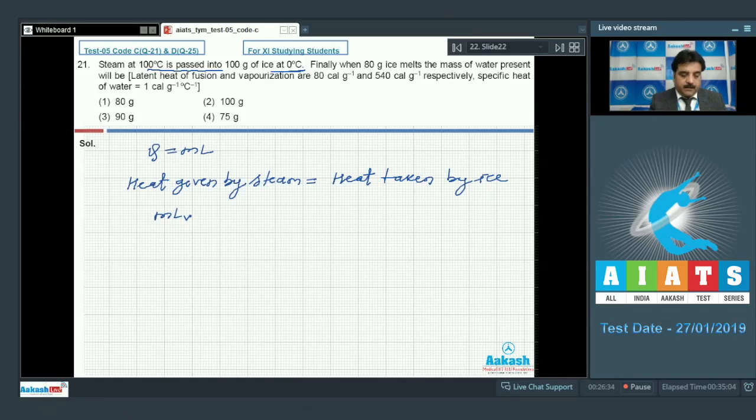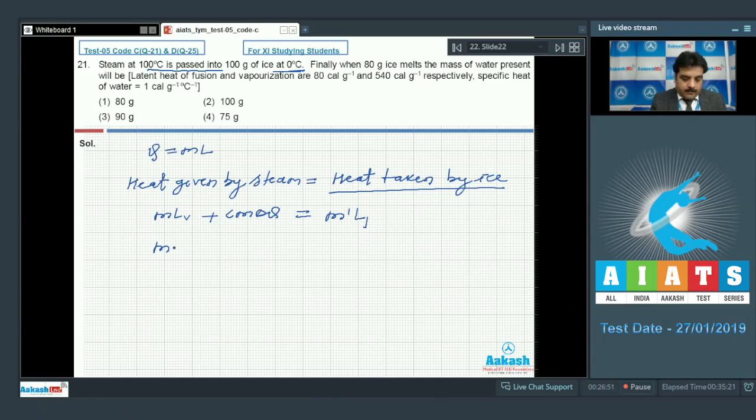So mL_V, V for vaporization, plus c m delta theta, the formula of heat, is equal to heat taken by ice, so m dash L_1.